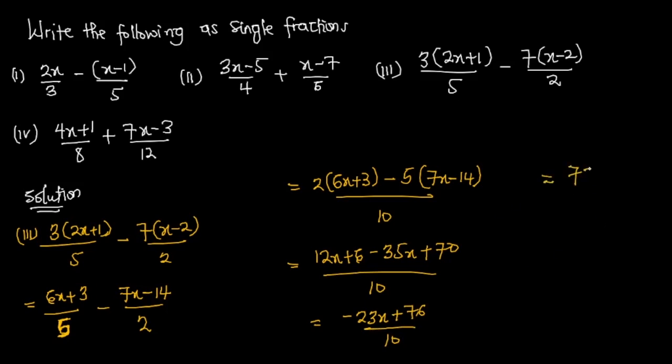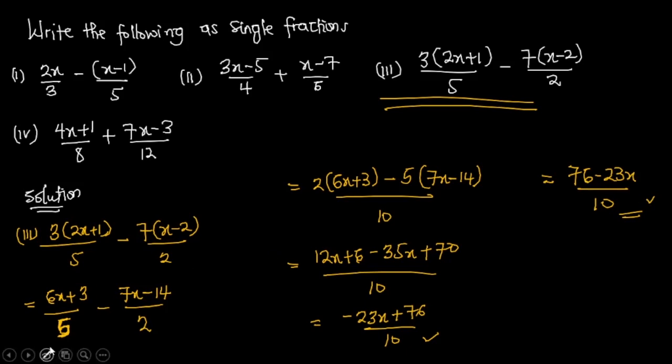So I have 76 minus 23x over 10 as my answer for the third example that we have over here. Either you leave it here or you rearrange it and get it here, the answer is still the same. Alright, so let's have a look at the final expression that we have over here in this first example. So let me clean everything.